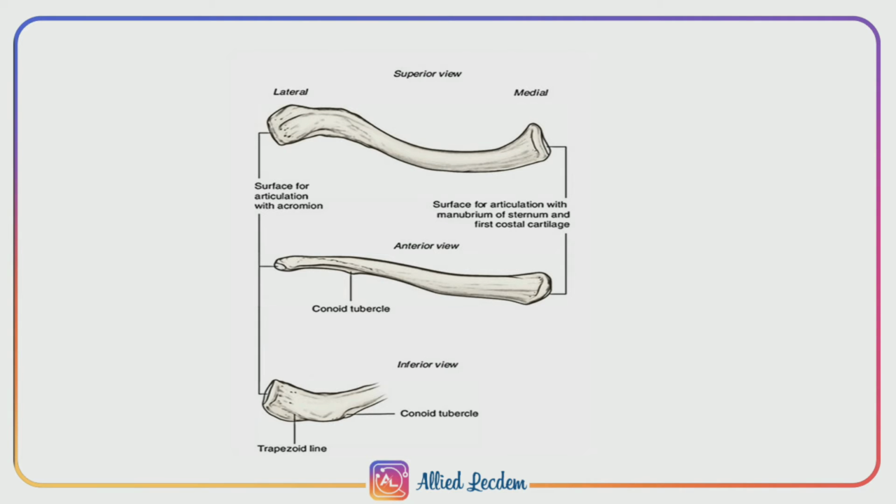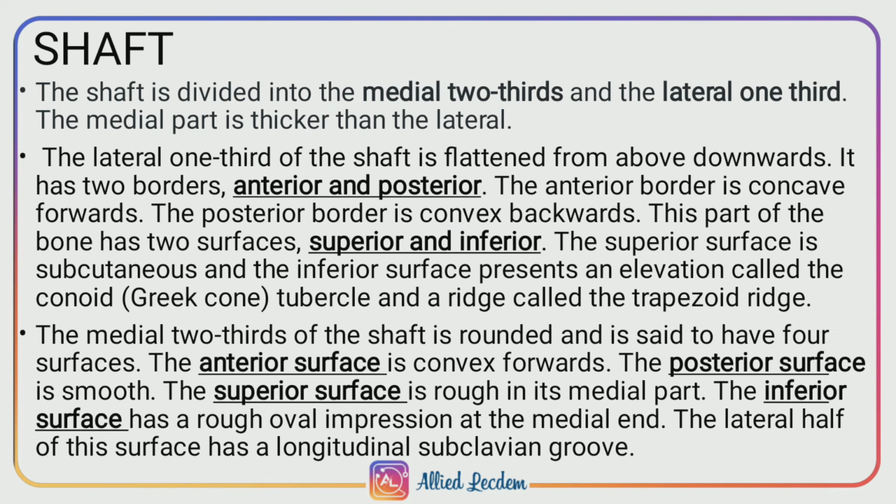Next are some of the features of the clavicle. It consists of shaft, lateral and medial ends and their attachments. First and foremost is the shaft. Shaft is divided into medial 2/3 and lateral 1/3. The medial part is thicker than the lateral.